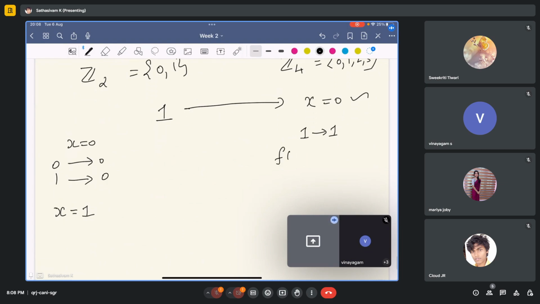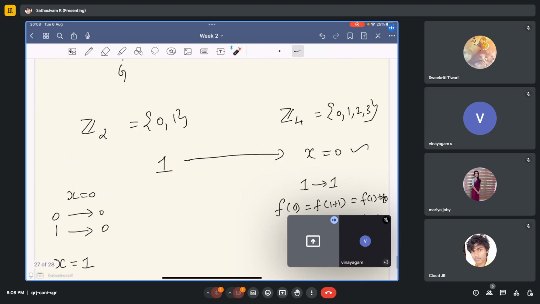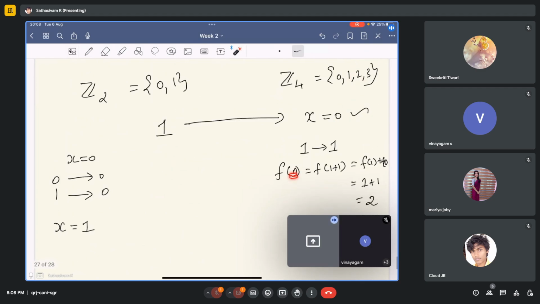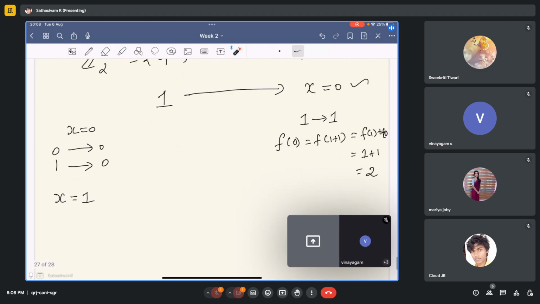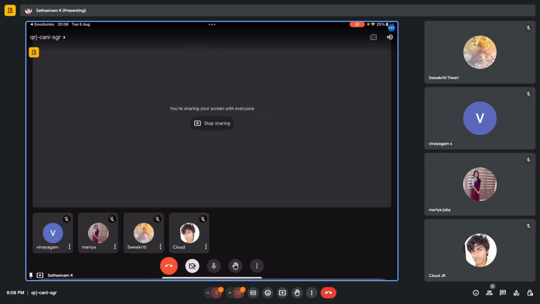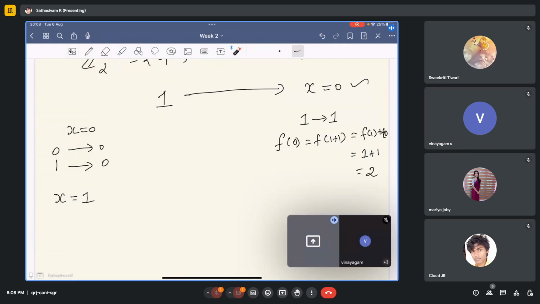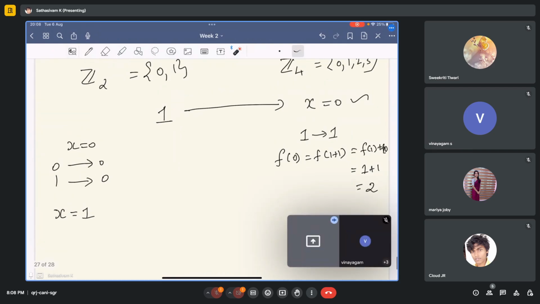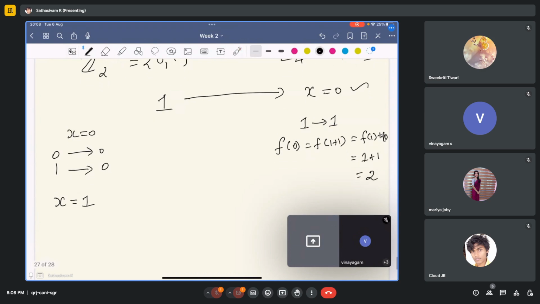Then what happens to f of 0, which is equal to f of 1 plus 1, which is equal to f of 1 plus f of 1, which is 1 plus 1, and that is 2. 2 is not equal to 0 in this group, but f of 0 will always go to 0. That tells you 0 equal to 2, right? But that is a contradiction. So this 1 cannot be mapped to 1. That is not a possibility. So not possible.